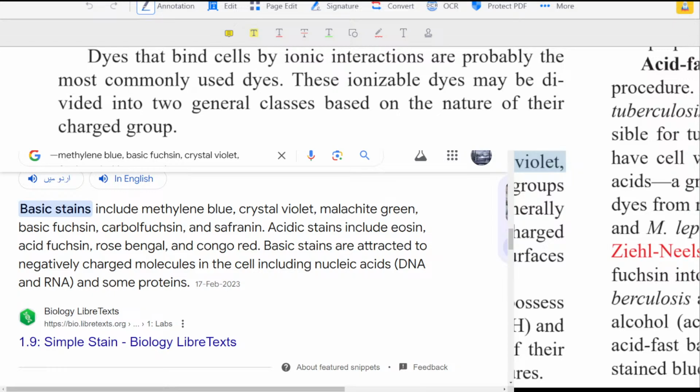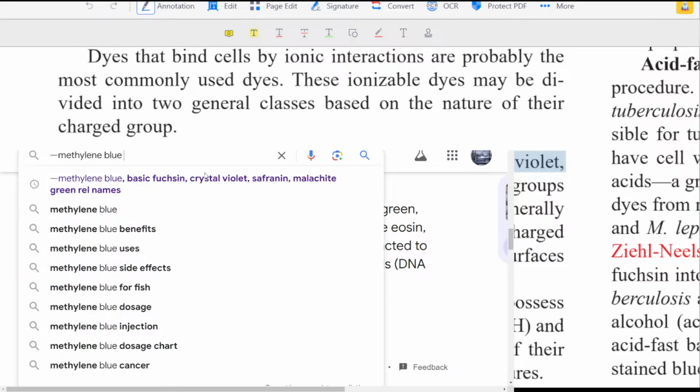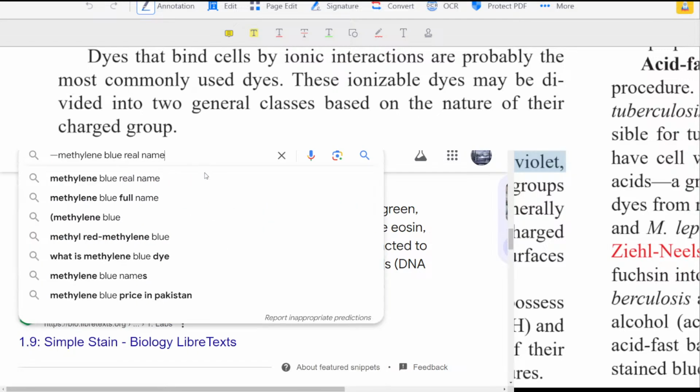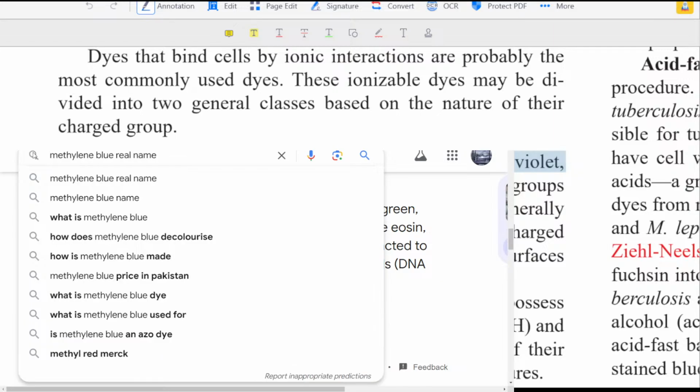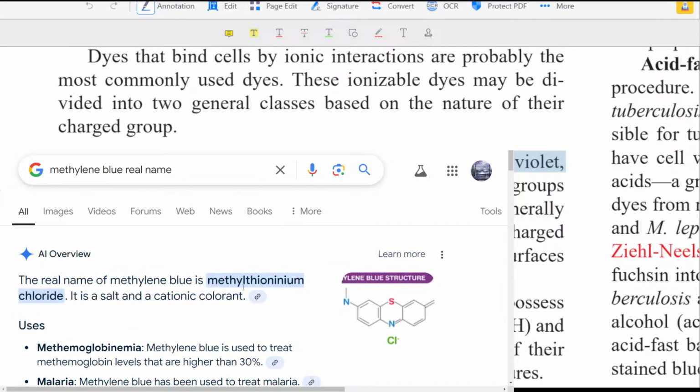Let's see what is the name of methylene blue, or common name. Chloride. Yes, it is the chloride.